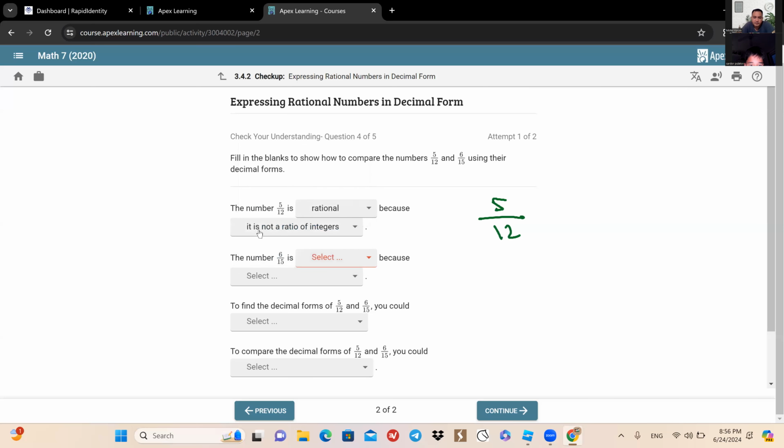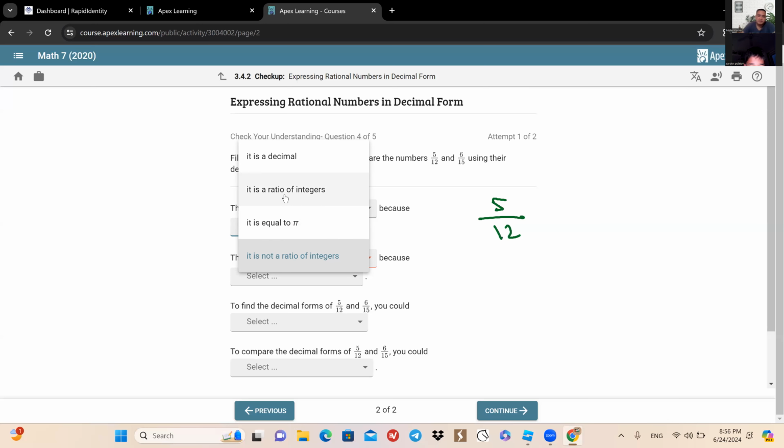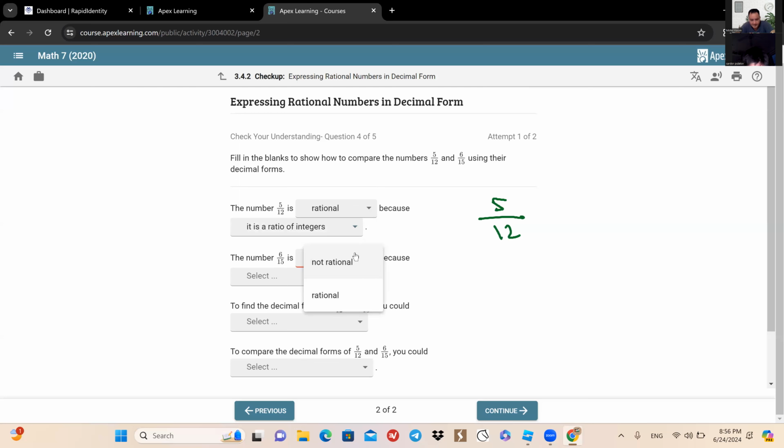This one is 6/15. Is it the ratio of two integers? Yeah. 6 is an integer. 15 is an integer, right?